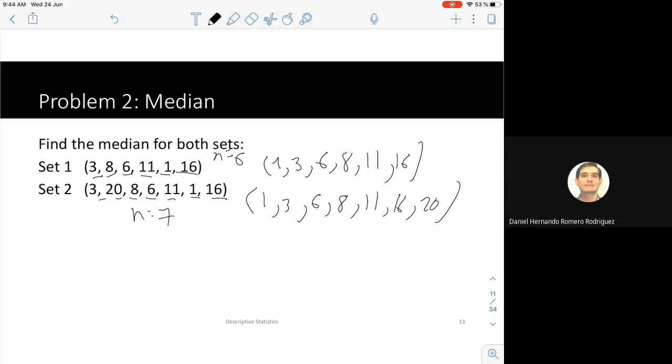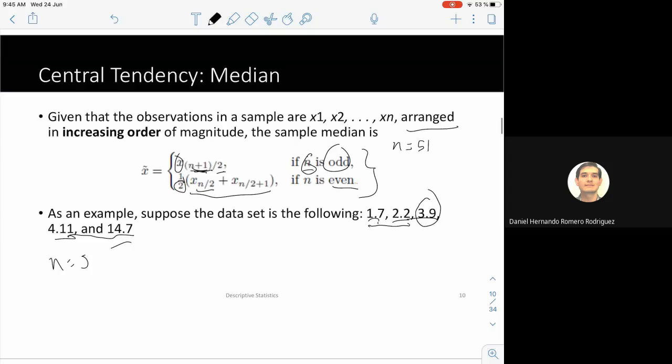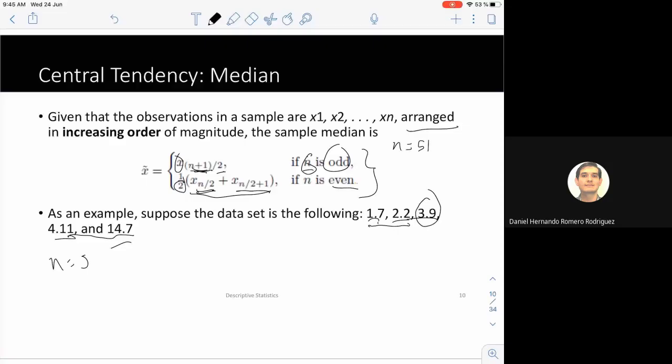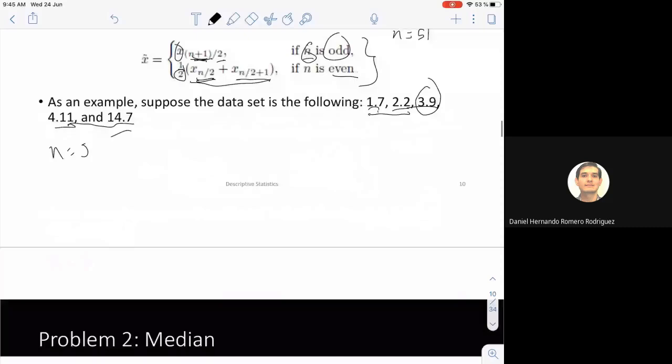So now let's perform the analysis for the first set. The median for set 1. Remember the equation here? Since n is even, we compute the average of two observations: the observation located in n divided by 2 and the observation located in n divided by 2 plus 1, so the next one. n divided by 2 in this case is 3, so it's the third position.